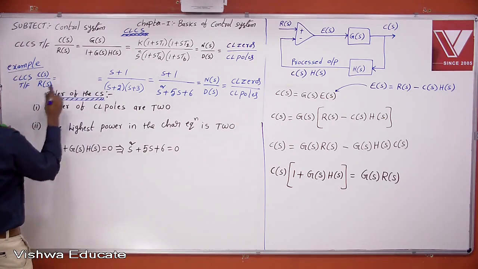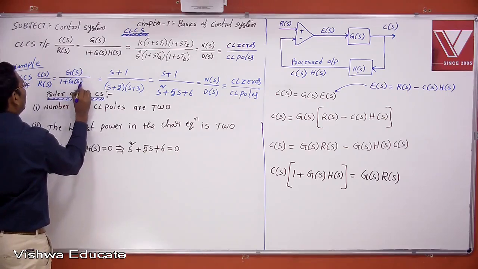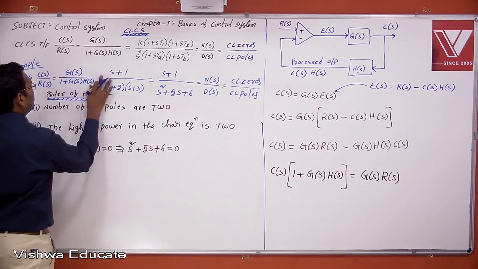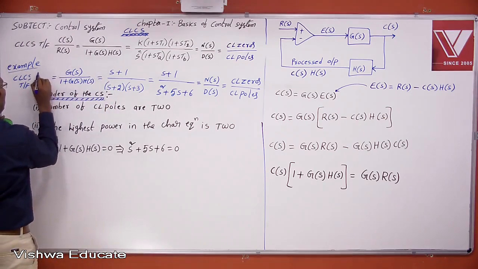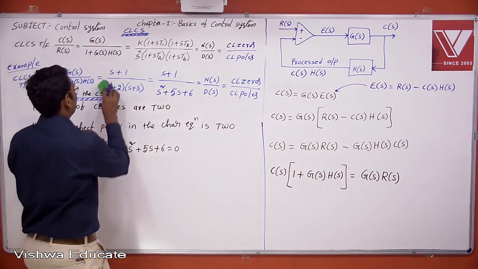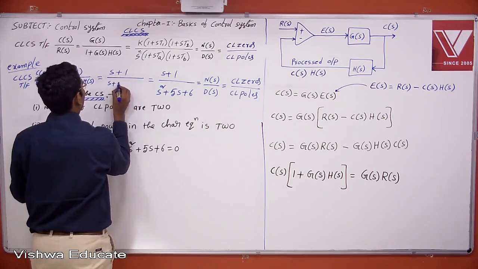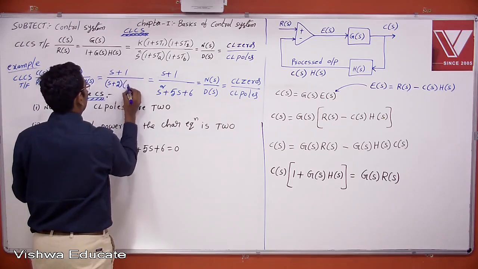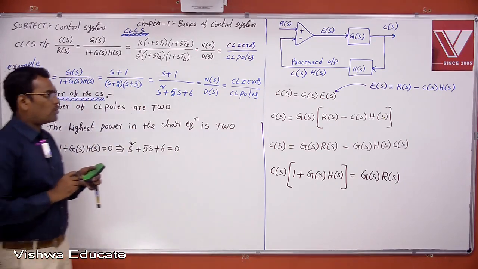Now this is the important parameter which you are getting, which is nothing but order. What is the parameter we are getting in the open loop control system? In the open loop control system, we are getting type. In the closed loop control system, we are getting order. These are 2 very important parameters.